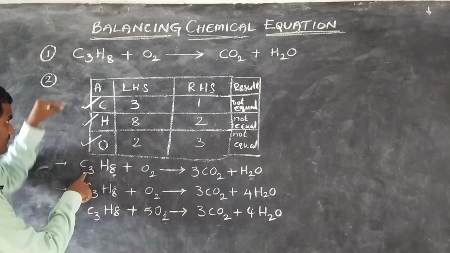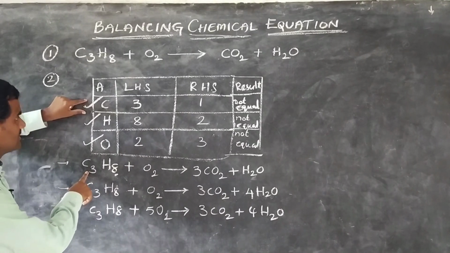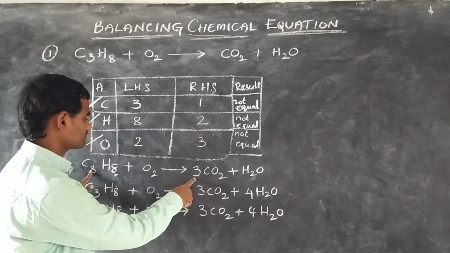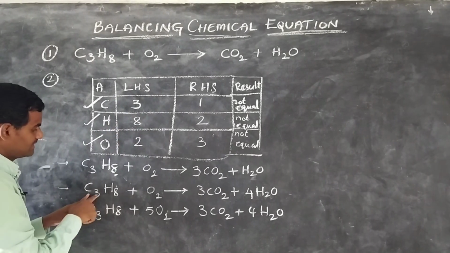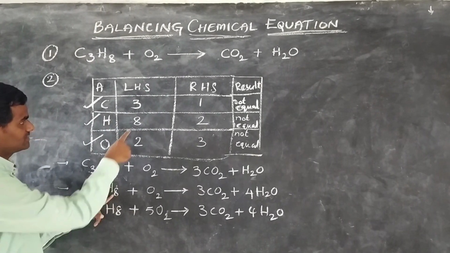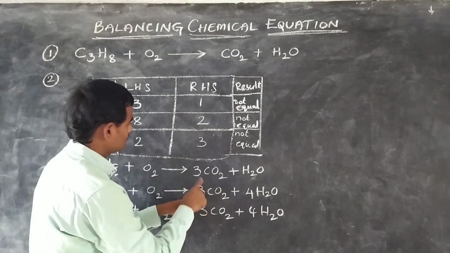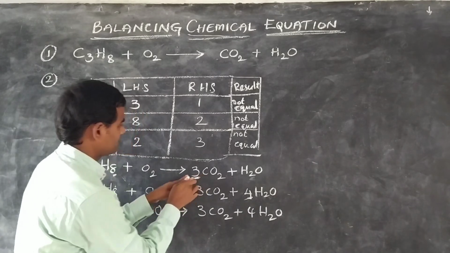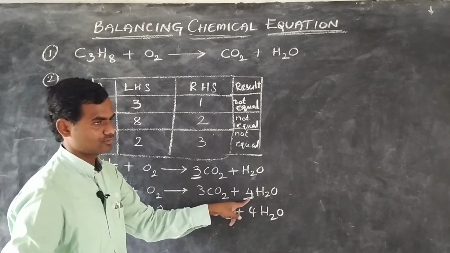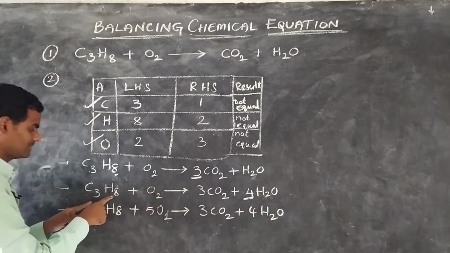So, in the first step we balanced carbon atoms by placing 3 here. Then for hydrogens, the number of hydrogens on the left hand side is 8. To balance this, we added 4 here. In the first step we added 3, in the second step we added 4 to hydrogen, so that the hydrogens will be equal.